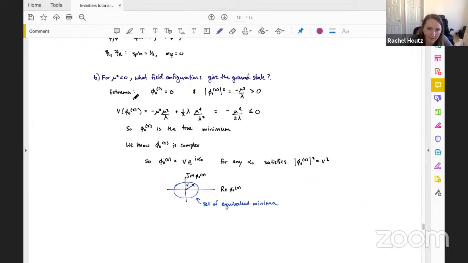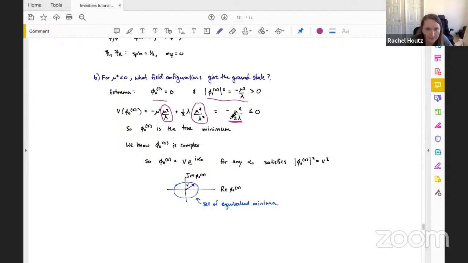So again, the two extrema are what we found before. One is 0, and one is that the modulus squared is negative mu squared over lambda. But now, because mu squared is negative, this is a positive number, so this is a valid minimum. And plugging it into the original potential here and here, we find that the whole potential is less than 0.